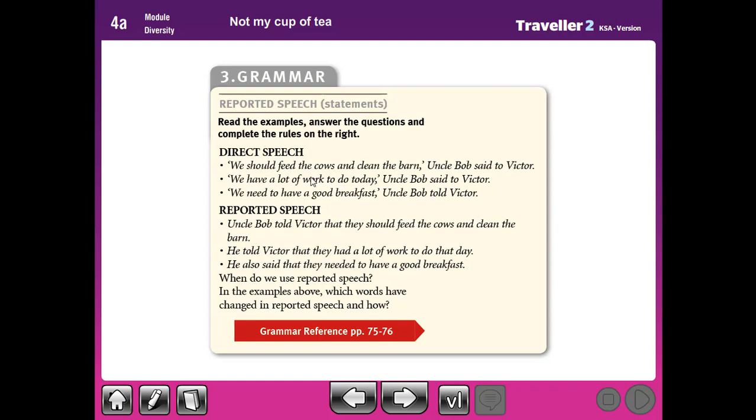Today we are talking about the statement. We are not talking today about how to change the question or the command into reported speech, but today we are talking about the statement.